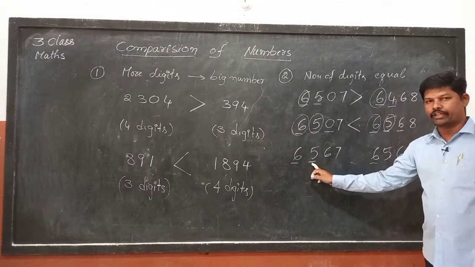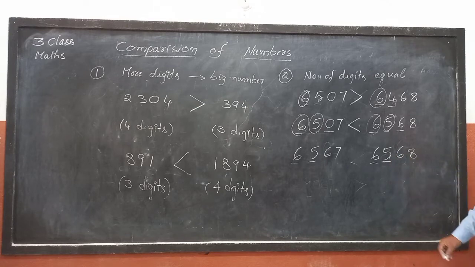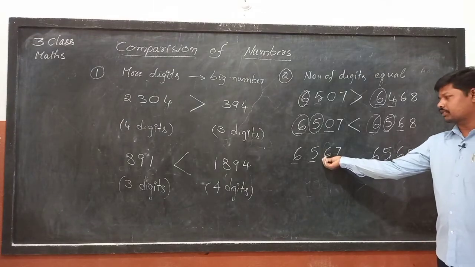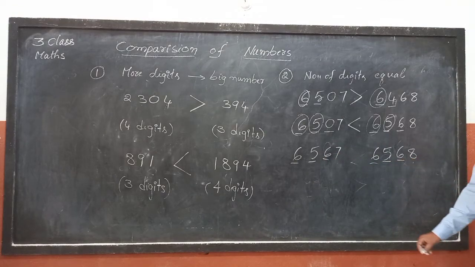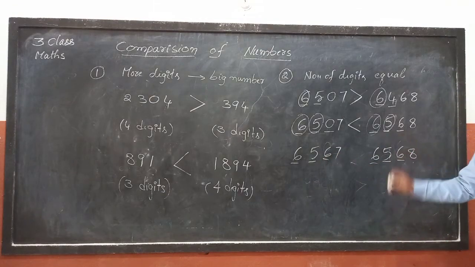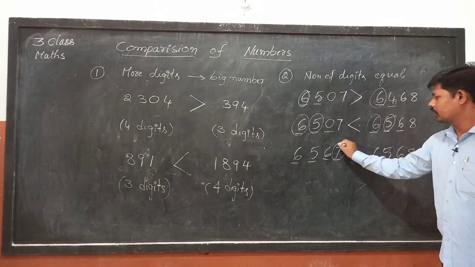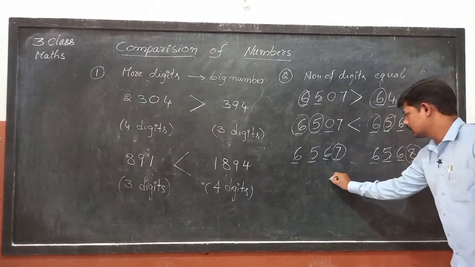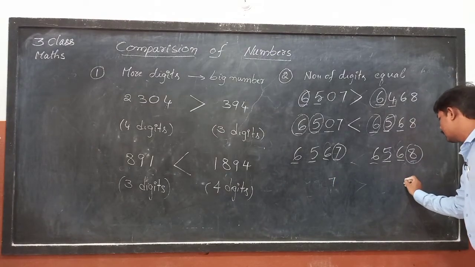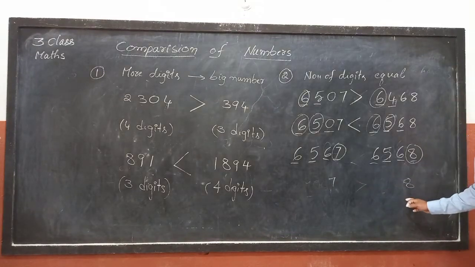Hundreds place here 5, here also 5 equal. And tens place observe, here 6, here also 6. That means 6 tens, 6 tens equal. Now the last digit, ones place, observe. Here 7 ones are there, here 8 ones are there. 7 ones is less than 8 ones.